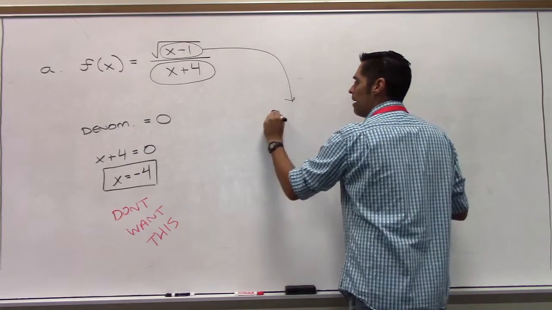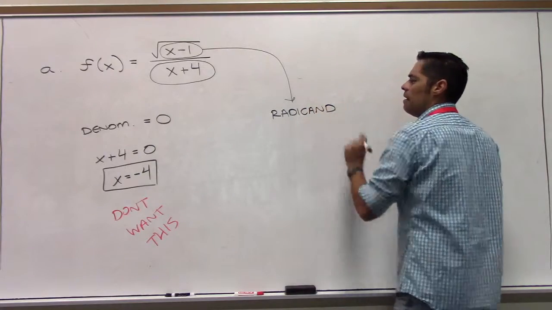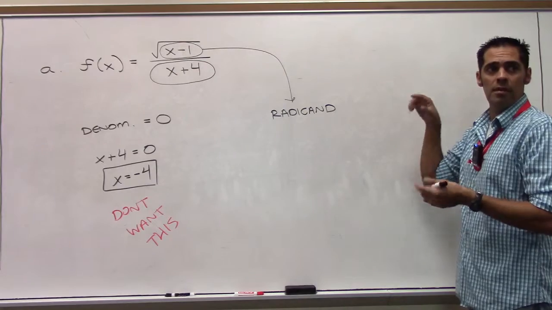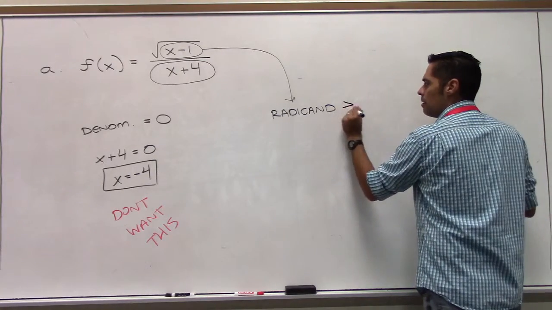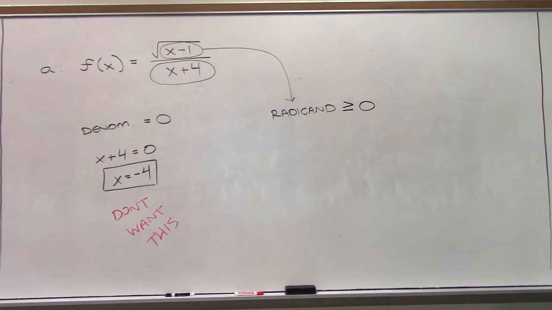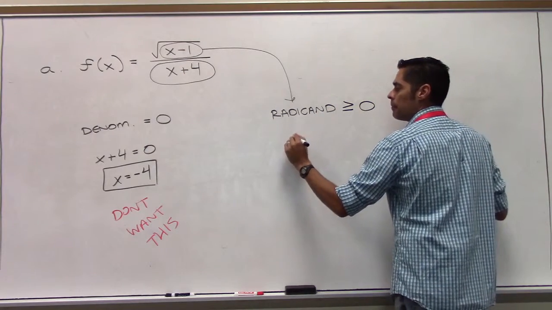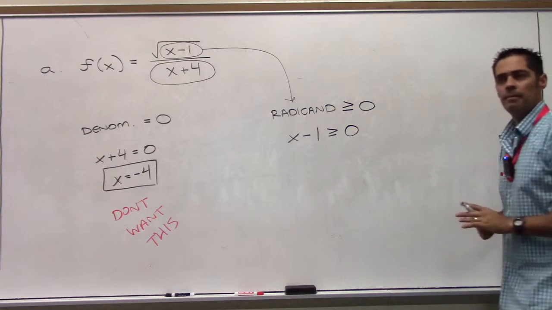That's called the radicand. The radicand is the thing that is underneath the root. It's a radical symbol, and the thing inside of it is called the radicand. That needs to be greater than or equal to 0. That's what I want to happen. So I'm just going to replace the radicand here: x minus 1 greater than or equal to 0, like that.